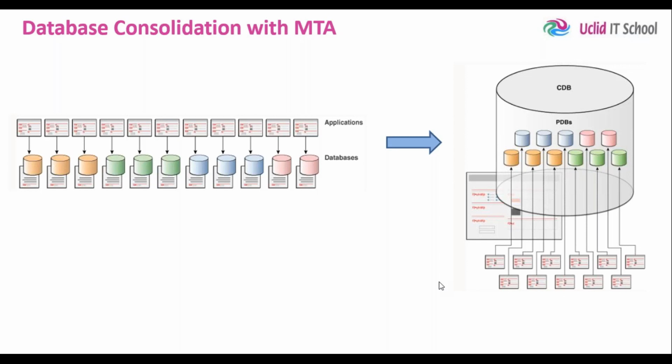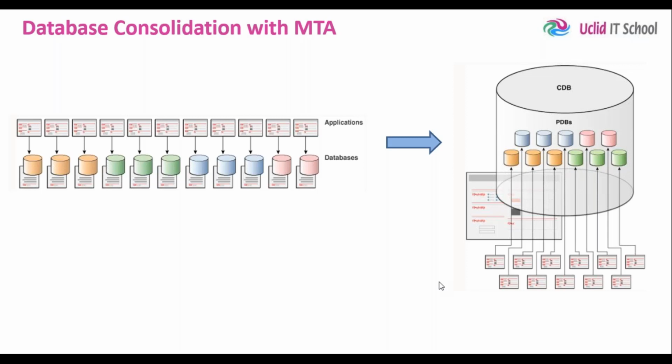Before consolidation, I had 10 or 11 individual databases. Now after consolidation with the multi-tenant architecture, I have one container database. Before consolidation, I needed to manage 10 databases separately. Now after consolidation, I need to manage one container database. Similarly, backup: before consolidation, 10 backups. After consolidation, one backup. Before consolidation, 10 patches.